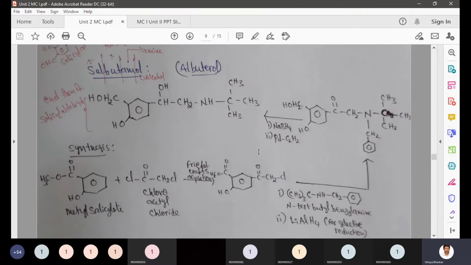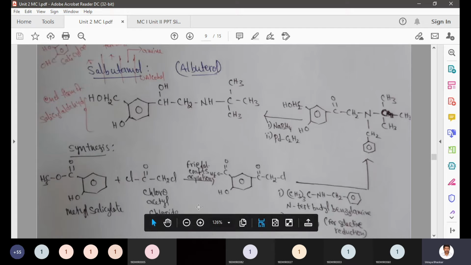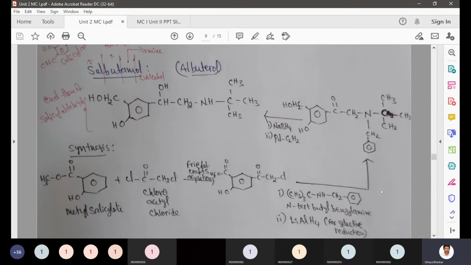And how is it synthesized? Starting from methyl salicylate and adding chloroacetyl chloride, it will undergo Friedel-Crafts acylation. Then we add N-tertiary butyl benzylamine. In the second step, we reduce it using an inorganic reagent, that is lithium aluminum hydride.